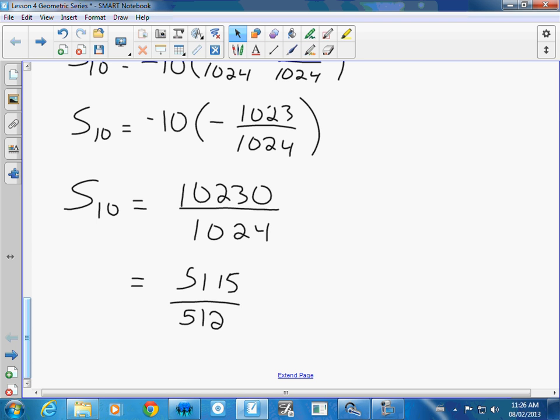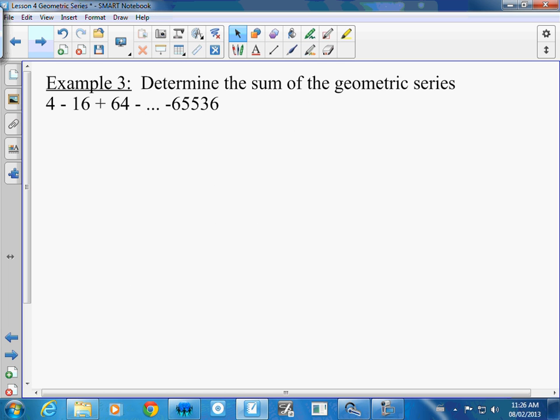All right, last example. Okay. So what we want here is to determine the sum of this sequence. Now, do we know the first number? Do we know the last number?